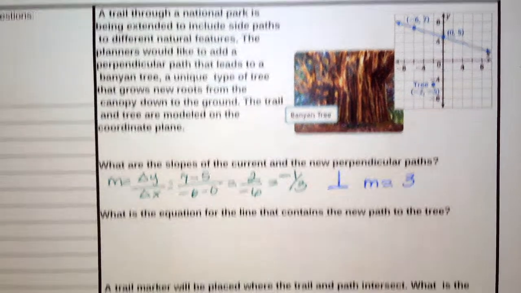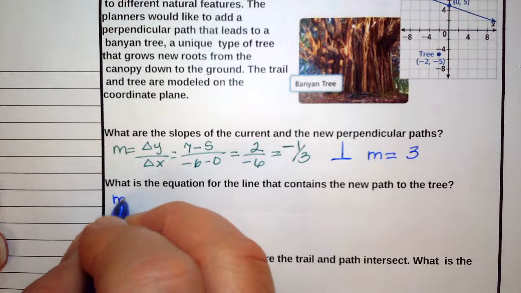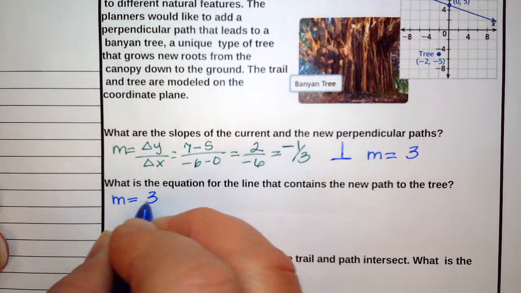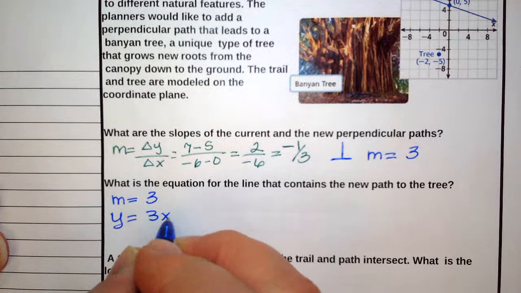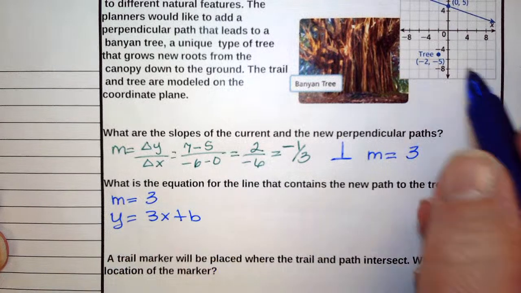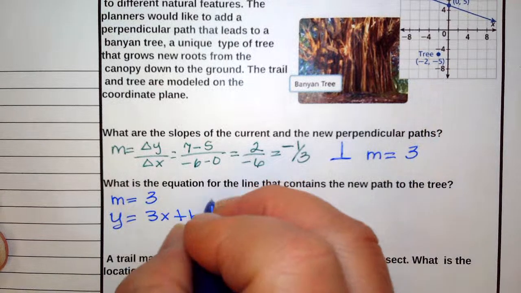So let's write that equation. So your slope is 3. We're going through the point negative 2, negative 5.